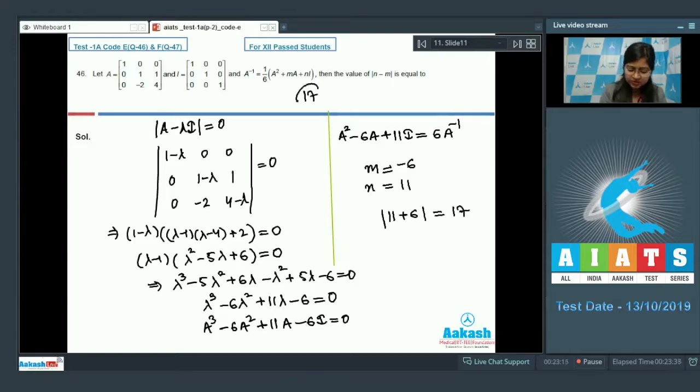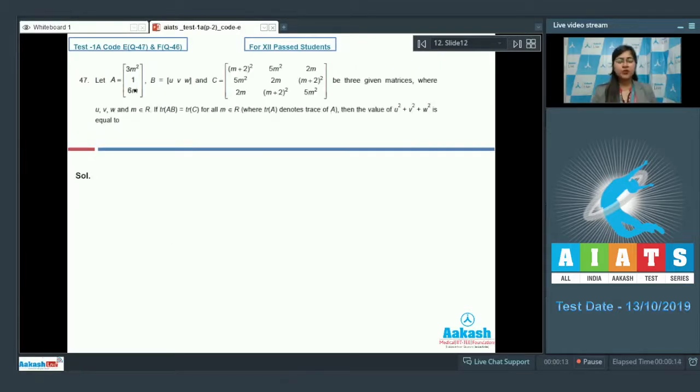So the answer is 17. Let's now discuss question number 47, which says: let A be the matrix 3m square 1 6m, B be the matrix UVW, and similarly a matrix C is given, where u, v, w and m belong to R, and it is given that trace of AB is equal to trace of C for all m belonging to R. So we have to find the value of u square plus v square plus w square.